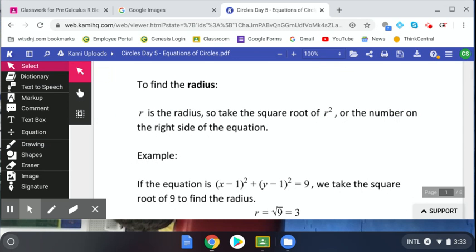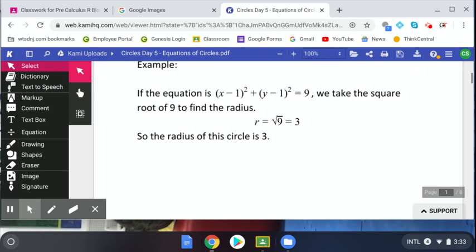To find the radius, r is the radius, so you have to take the square root of the last number in your equation, or the number on the right hand side of the equation. It looks a lot easier when we put numbers in.